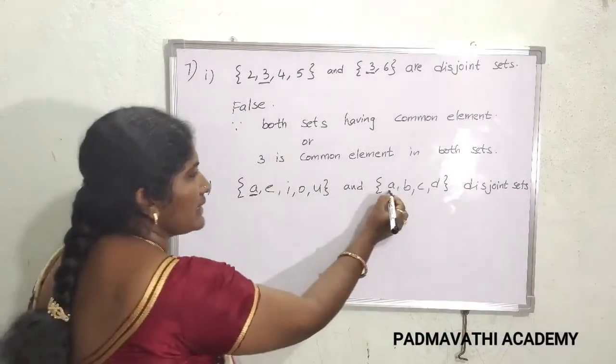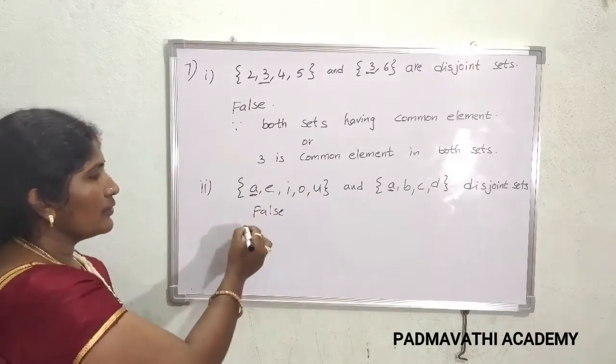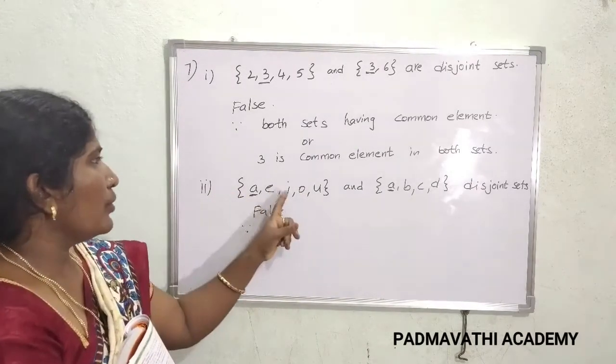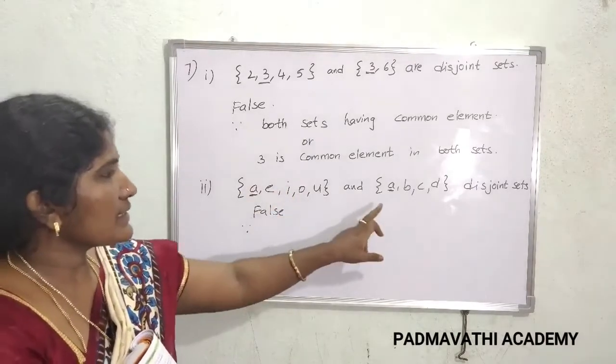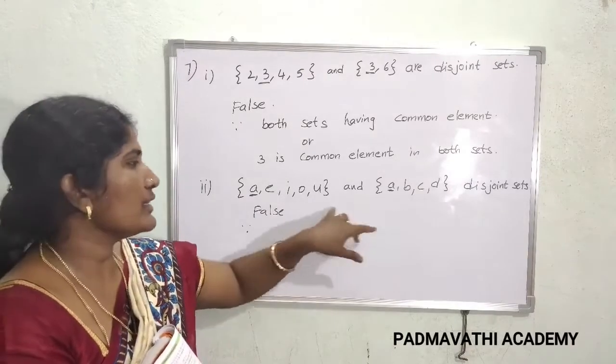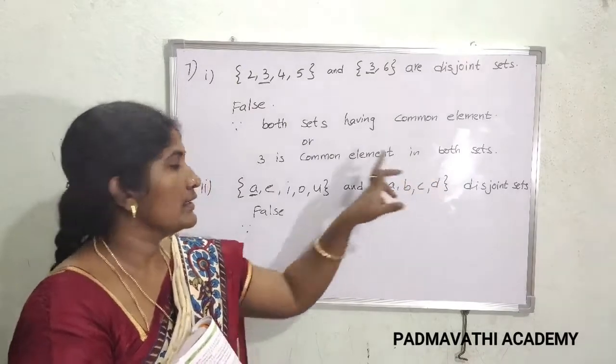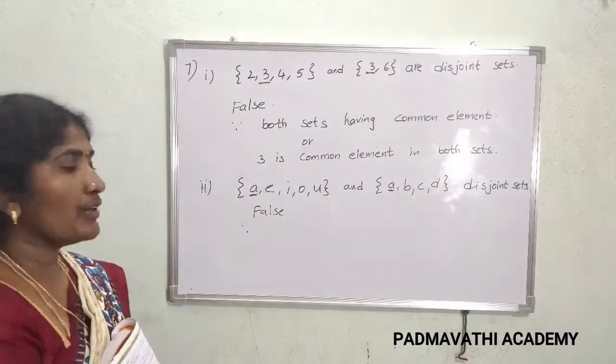Here A is common. Therefore this is also false. Since both sets have A as a common element, that's why these two sets are not disjoint sets, but they gave that these two are disjoint. That's why this statement is false.